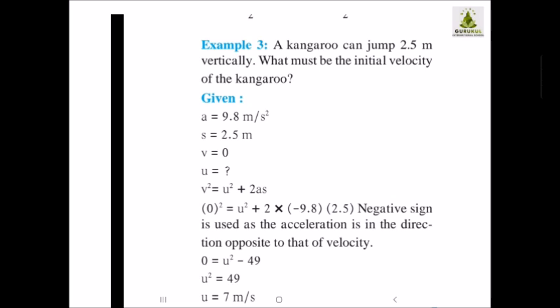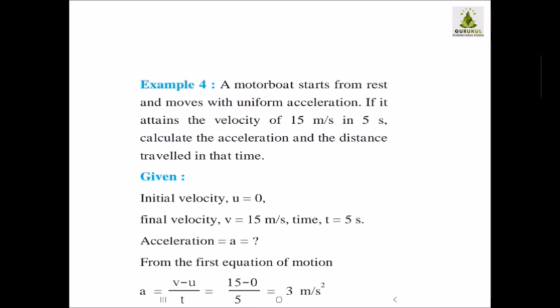So the kangaroo has the initial velocity u equal to 7 meter per second. This is the explanation of the third example, how much is the initial velocity of a kangaroo when it jumps 2.5 meter vertically.